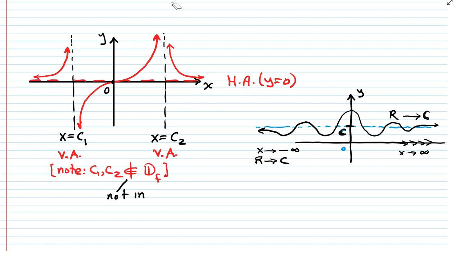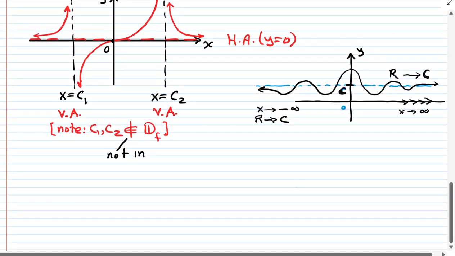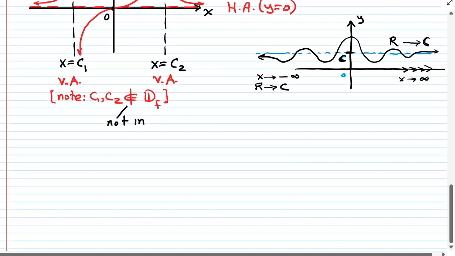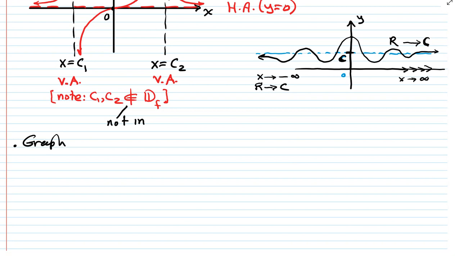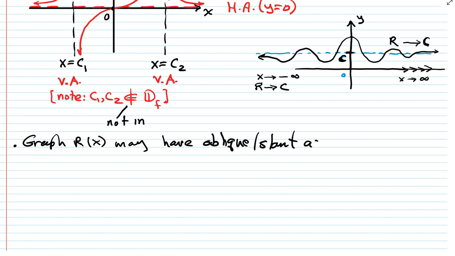Now, the graph of rational functions, depending on how much we want to get into this, could have what we call slant or oblique asymptotes. Okay. So I'm just going to say the graph of R of x may have oblique or slant asymptotes.